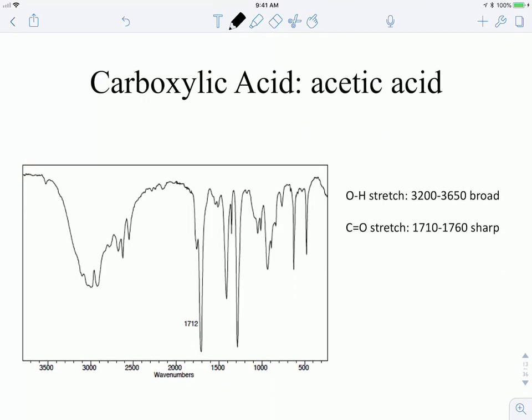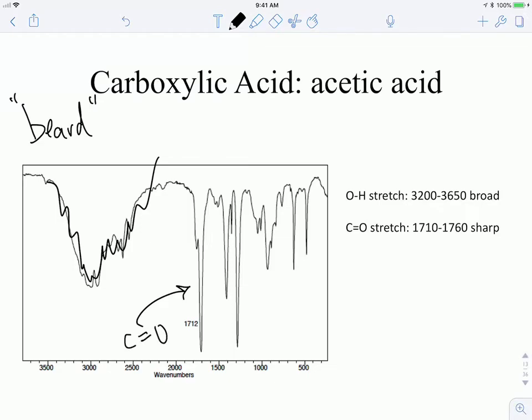Carboxylic acids are easy to identify too, because unlike the tongue that we saw in the previous slide, this kind of looks like a beard, like a Santa Claus beard. It's a much wavier, broader OH peak, and it also comes along with a very characteristic carbon-oxygen double bond.